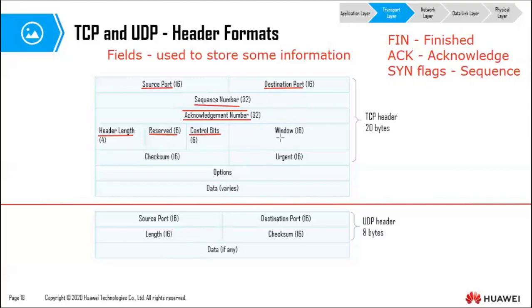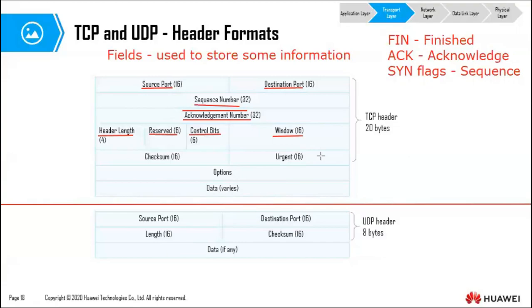Then we have a window. You remember we said that one of the tasks of the transport layer is flow control, right? Flow control is ensuring that we only receive the amount of data that we can process at a particular time.